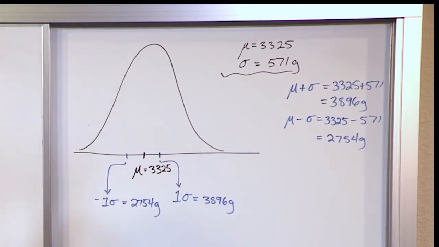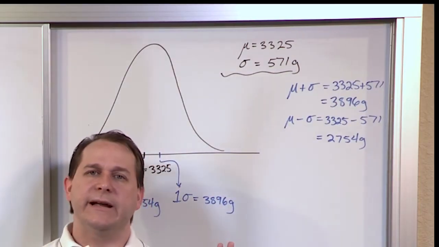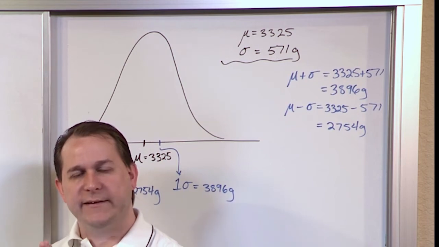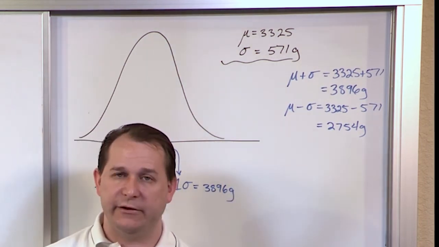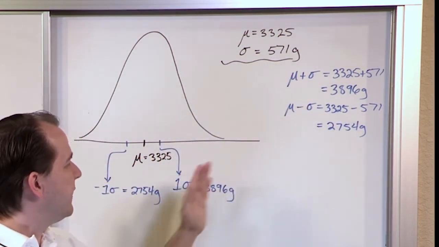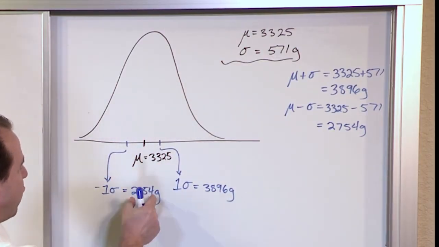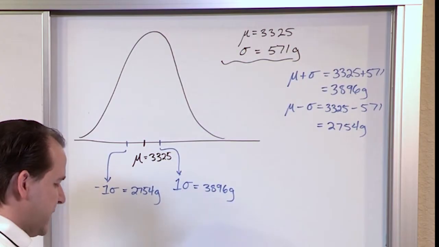So I know the mean, I know the standard deviation, so I can immediately say, okay, what is 1 sigma? The mean plus 1 standard deviation, the mean minus 1 standard deviation. I do the plus and minus, and I figure out that 1 standard deviation about the mean would be between 2754 and 3896 grams.